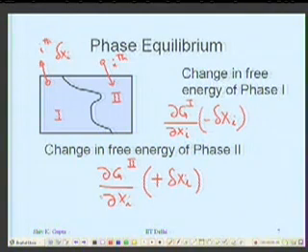This is the infinitesimally small perturbation given to the system. You can't make it smaller than that. One atom, simply one atom, you have removed and put back into phase 2. Mass is not changed. So the net change in free energy must be 0 if it is in equilibrium.